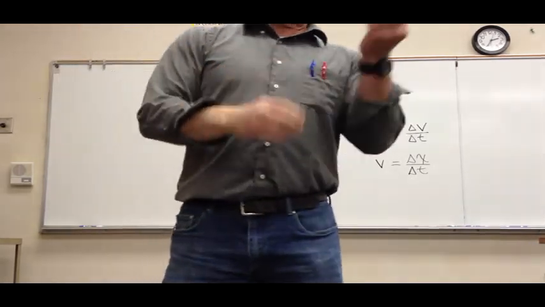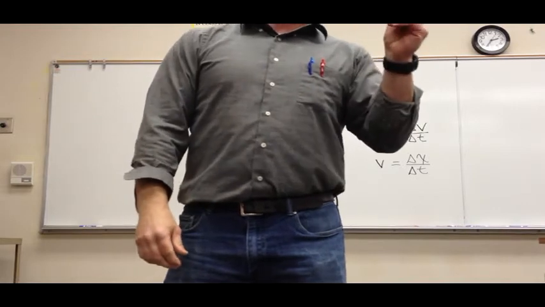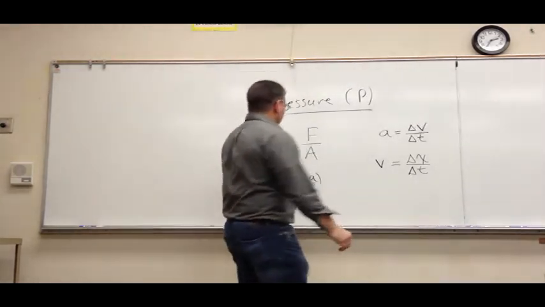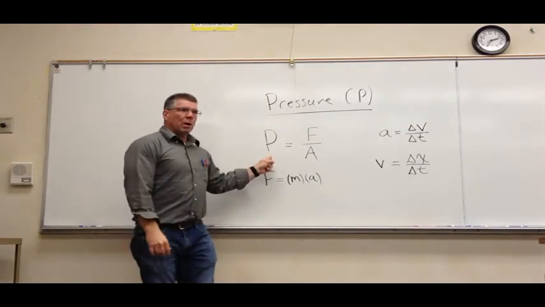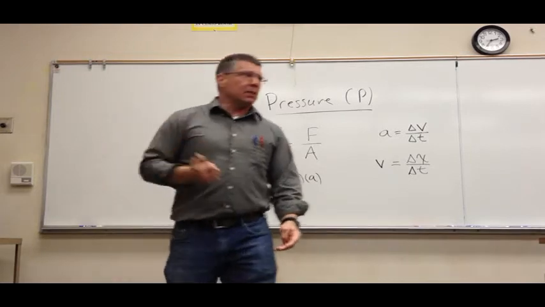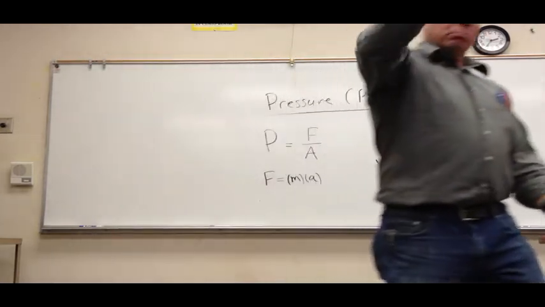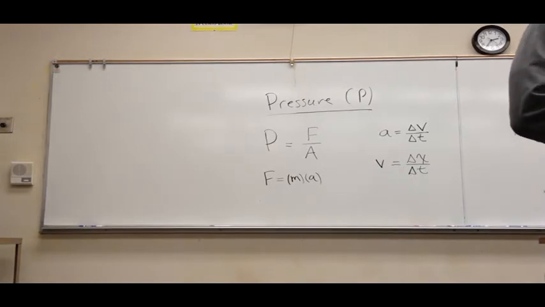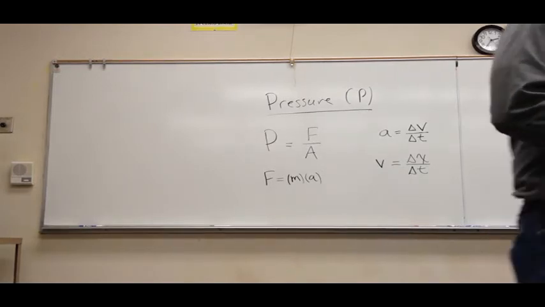An atom of helium doesn't weigh much. Its mass is really small, which means that individual pressures are really small. But at any given instant, a lot of those helium atoms are going to be hitting the inside of the balloon, and we add them all up, that's the total pressure inside of the balloon. Kind of makes sense?